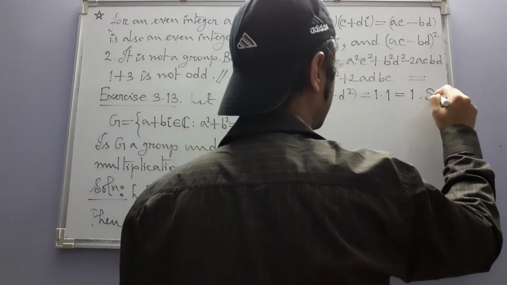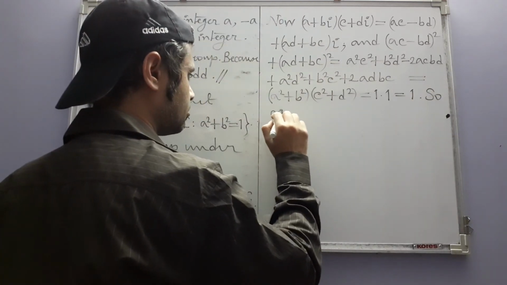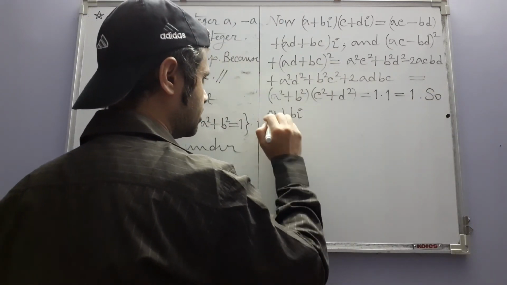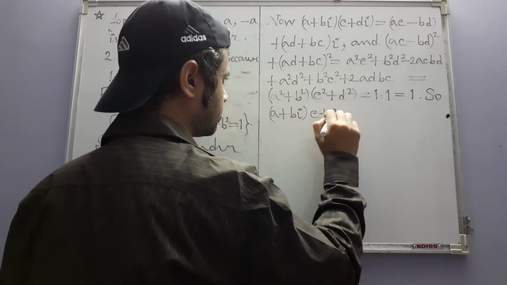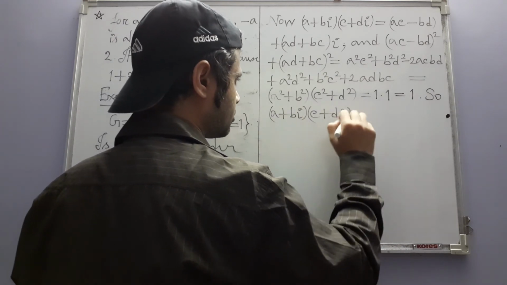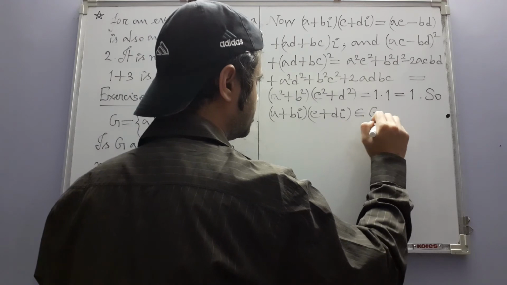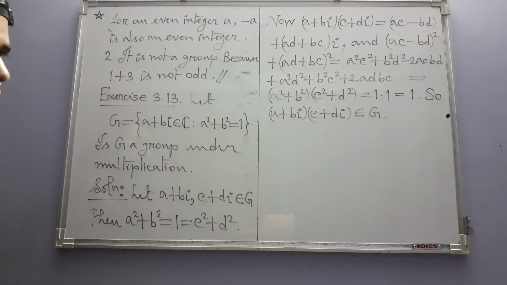So the product of these two complex numbers also belongs to G. That means G is closed under multiplication.